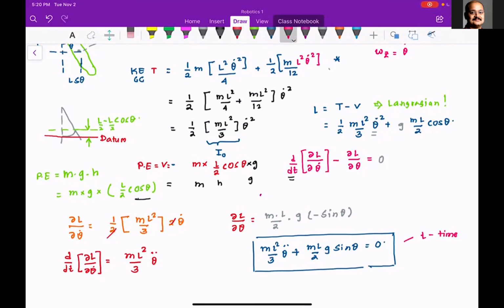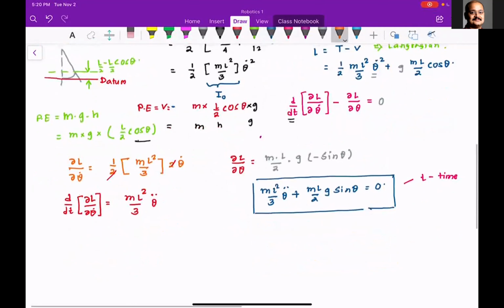If I solve this, the solution is nothing but a plot between the independent variable and the dependent variable. I'm going to get a function of time that shows the relationship between time and theta.